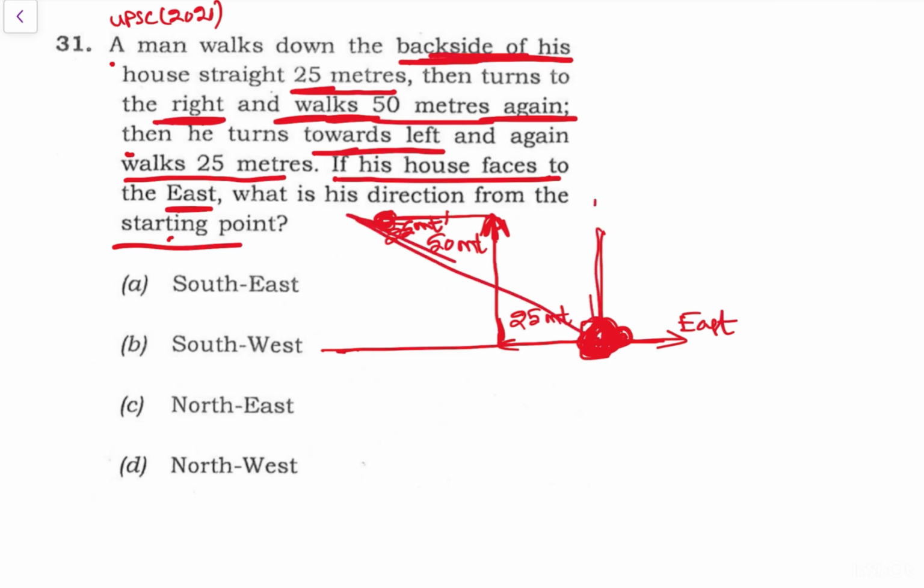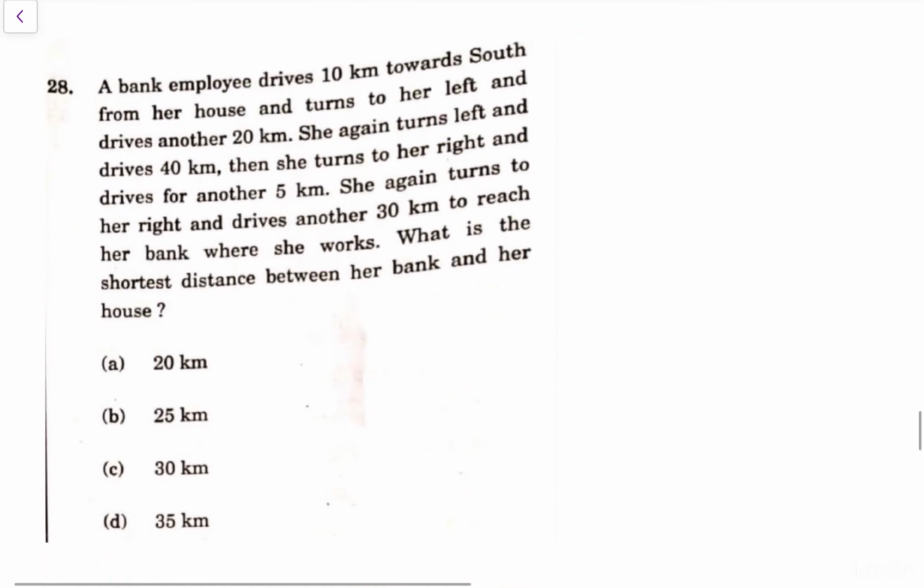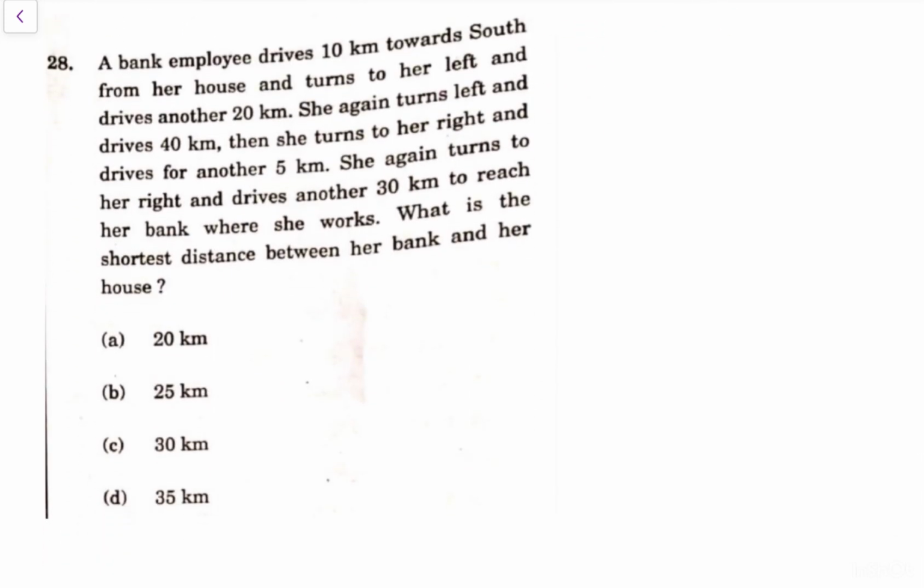This will be north, this will be south, and this is northwest. So D is the correct answer. Easy question, right? You just need to know left, right and all. Very easy question. Then let's go to the next question.